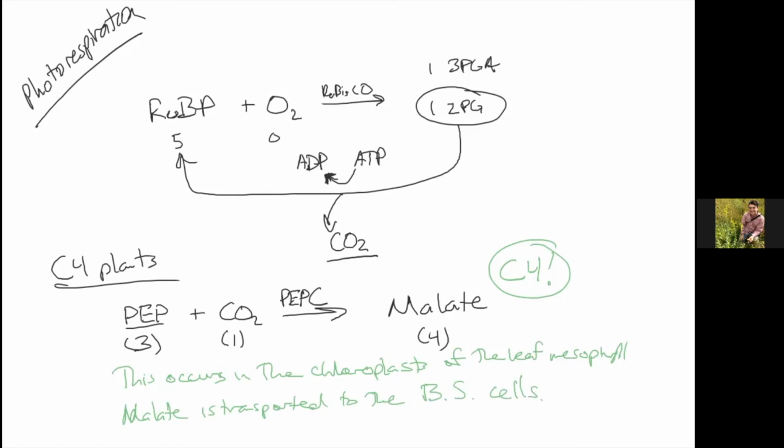The bundle sheath cells are an area where carbon is concentrated. Because this malate can be decarboxylated in there by a malate enzyme, breaking apart the malate, re-releasing the CO2 so that Rubisco can fix the CO2 in what's effectively a low oxygen, high carbon dioxide microenvironment inside the bundle sheath cell.